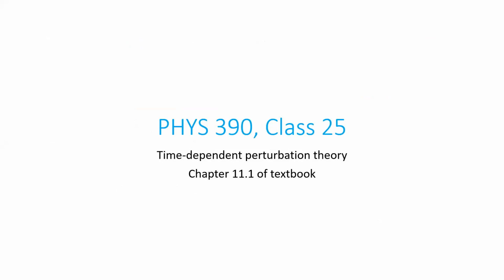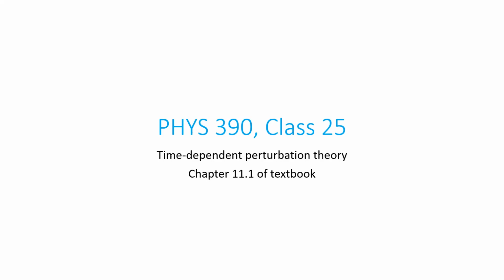So in this class, we're going to look at a case where we have an extra energy to a system which depends on time. An example of this would be the energy associated with an electromagnetic wave, because the amplitude of that wave and the energy associated with that wave depends on time as it passes a given position.